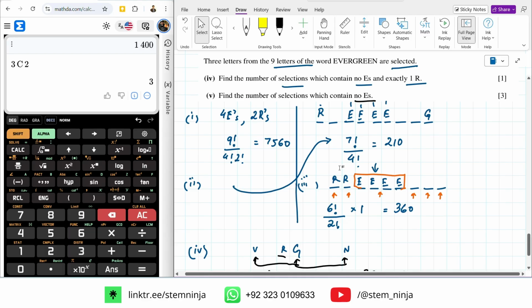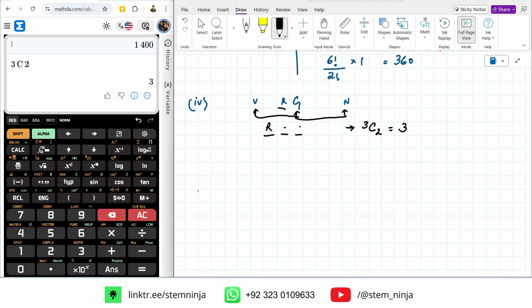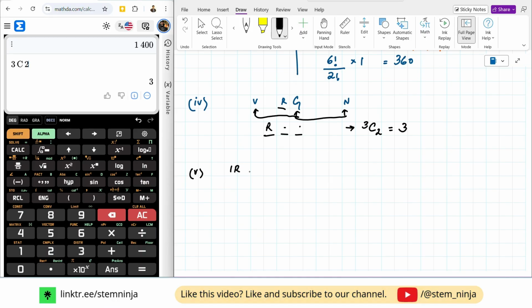So with no E's we have to consider the possibilities in which we have 2 R's, 1 R, and 0 R. We can start with 0 R. If 0 R is selected, that means you have all of V, G, N, so that would be just 3C2. Again, 3 choices do we have.